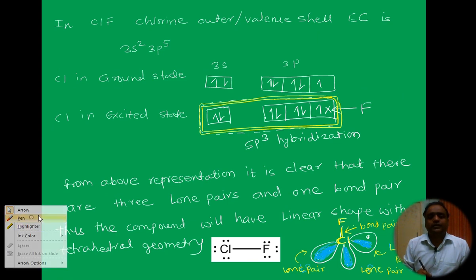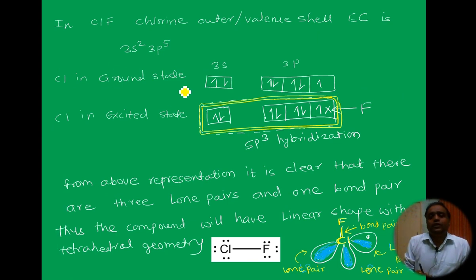As I said, it will go in sp3 hybridization. In order to know in detail, we have to write its ground state electron configuration and its excited state. In ground state, it will show 3s2 3p5, and also in excited state it will show the same configuration.